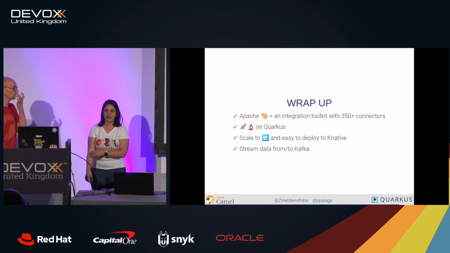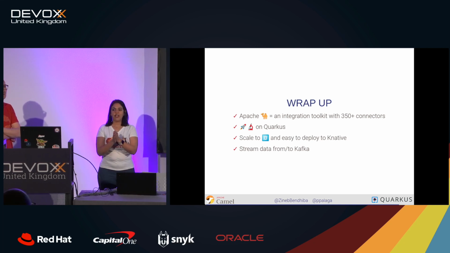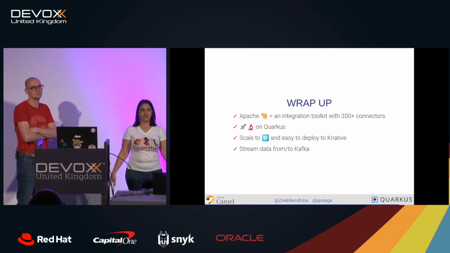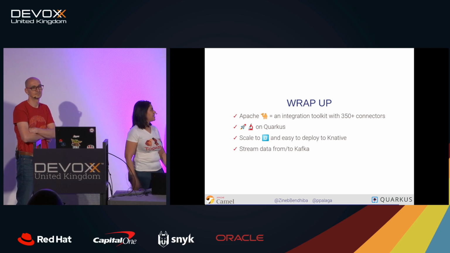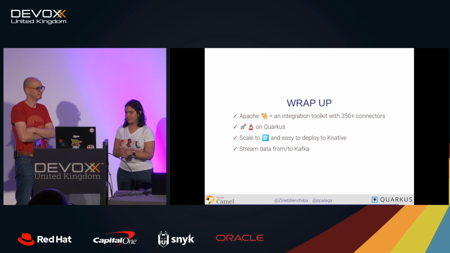So yeah, it's a wrap up. What we see here today is that Apache Camel is an open source integration toolkit that has more than 350 connectors, and we say that we can connect to almost everything. It's supersonic, subatomic, and we have the developer joy on Quarkus.